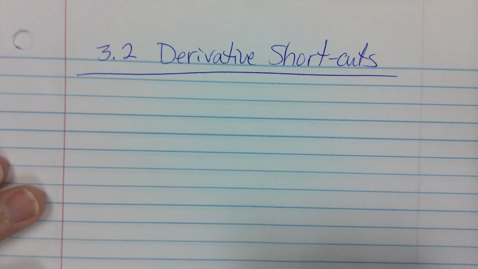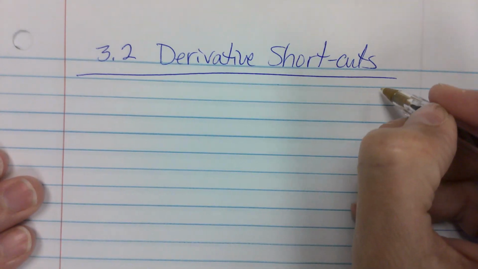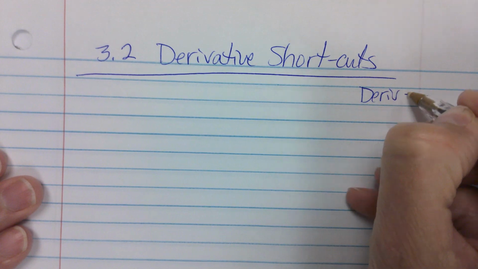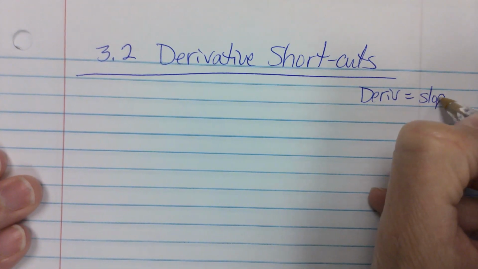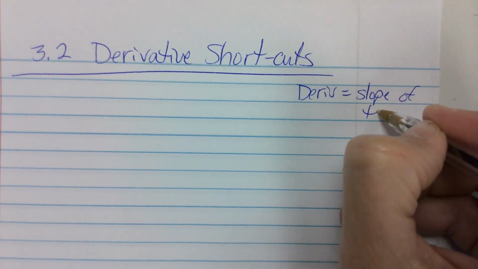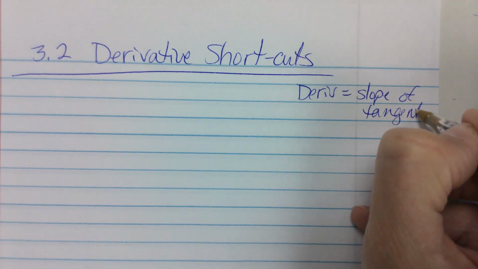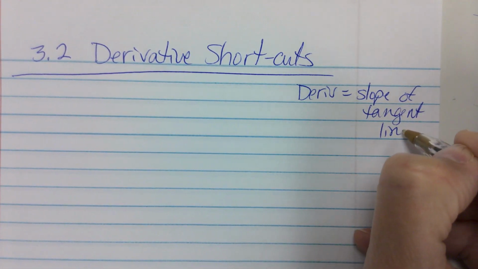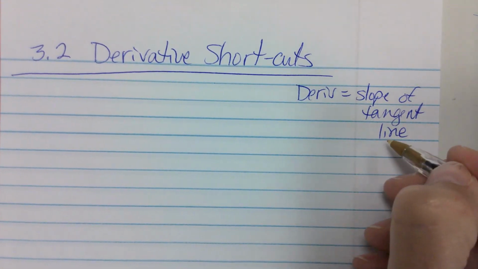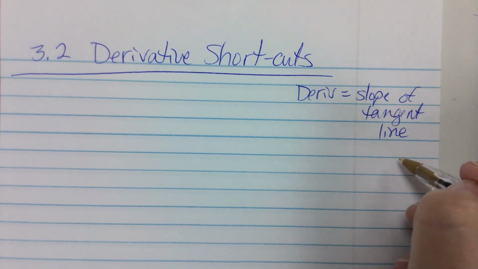Now, in our class yesterday, we talked about, first of all, the derivative equals the slope of the tangent line, right? Or even the slope of the graph if it is linear, right? Does that make sense?